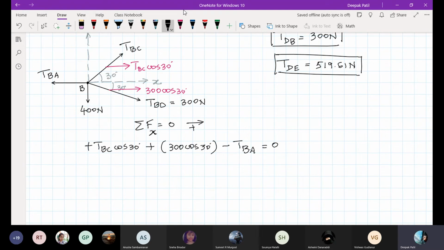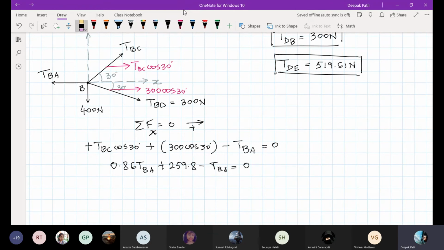So cos 30 is 0.86, so 0.86 TBC. Okay, 300 times cos 30, which is 259.8, minus TBA equals 0.